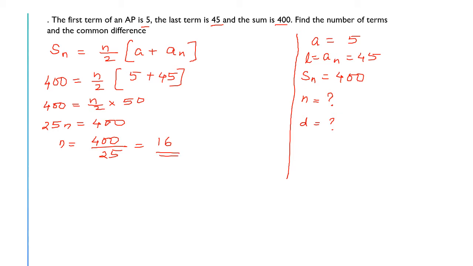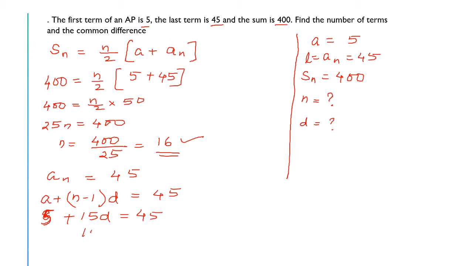Now we have to find d. Once we get n, how will we find d? An is given as equal to 45. What is An? A plus n minus 1 into d, that is equal to 45. A is 5, not 8, sorry, the question says A is 5. So 5 plus n minus 1, n we got as 16. So 16 minus 1 is 15d is equal to 45.